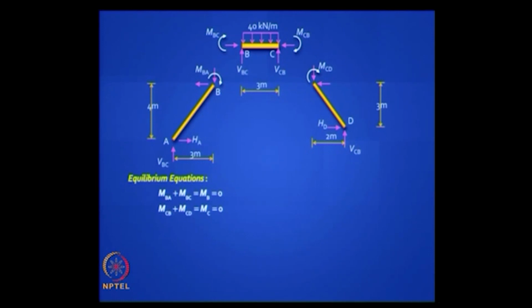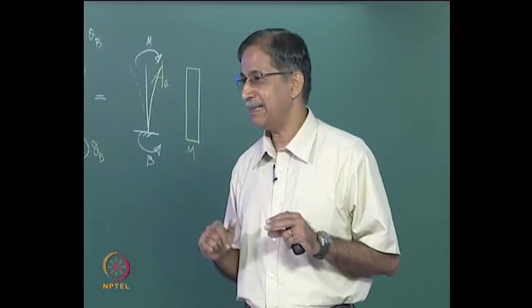Write down the shear equilibrium equation in terms of MBA, MBC, MCB and MCD. That's all you need to do. Calculations are easy to do, concepts are not that easy. So normally you need to be on the lookout when your columns are inclined.